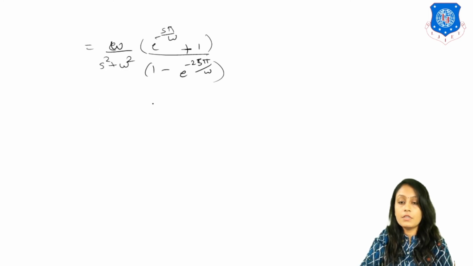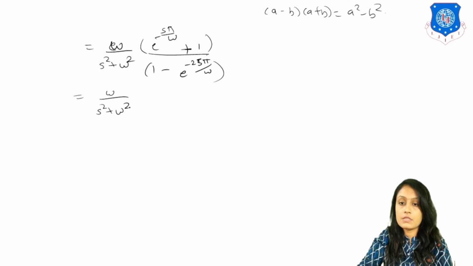Now we can further simplify this term using the formula (a − b)(a + b) = a² − b². So ω/(s² + ω²) stays as it is, and 1 + e^(−sπ/ω) stays as it is.